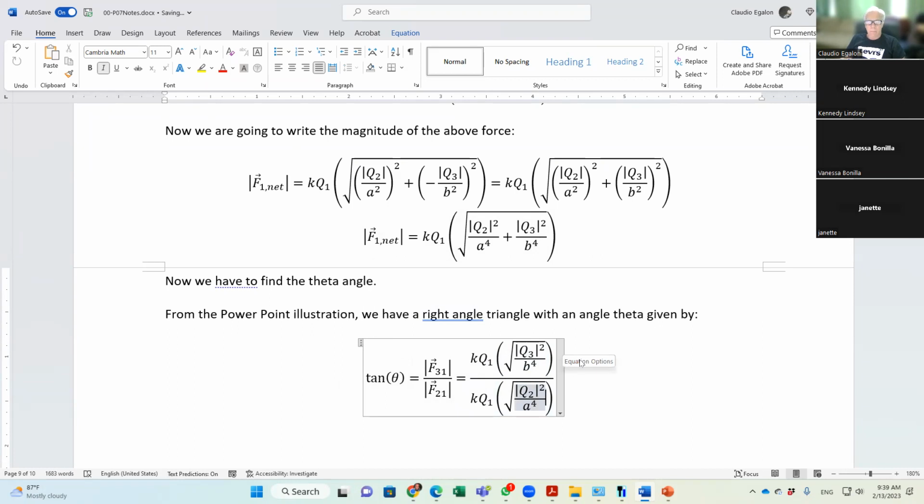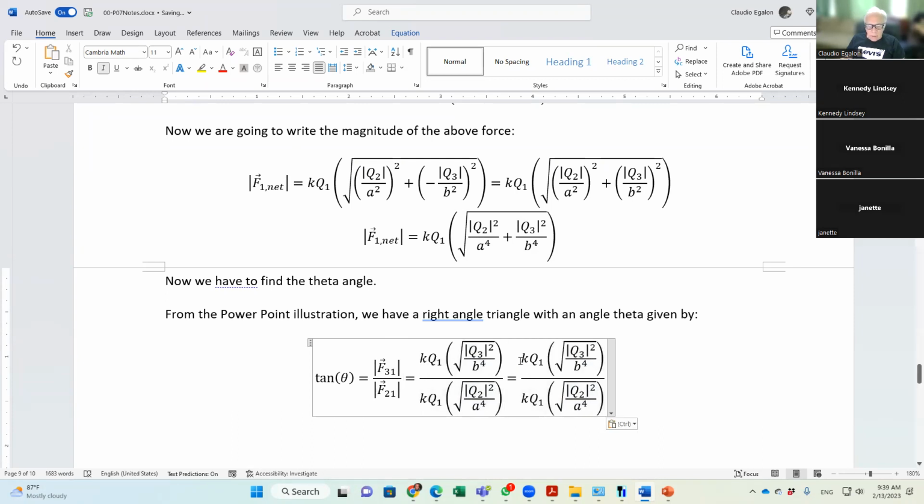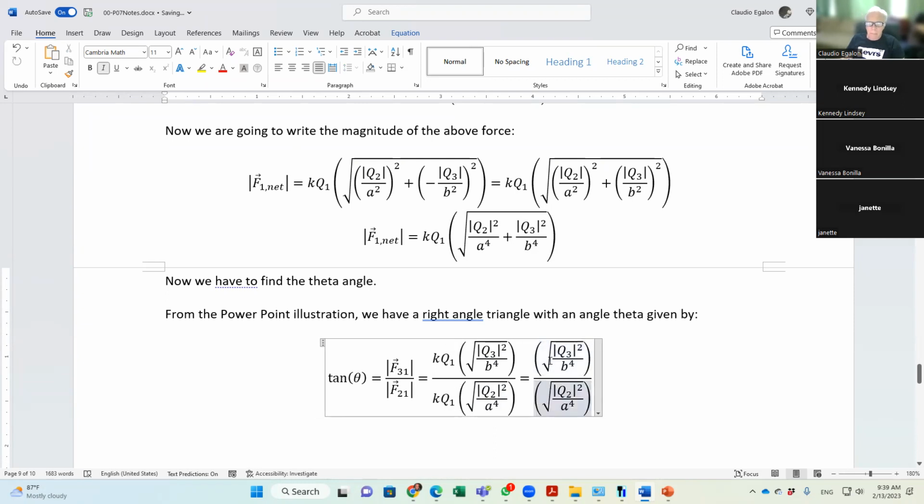Isn't that nice? We're going to have some simplification here. Can you see the simplifications there? The square root is going to disappear, right? But before the square root disappears, we see that this term here also disappeared. Okay?